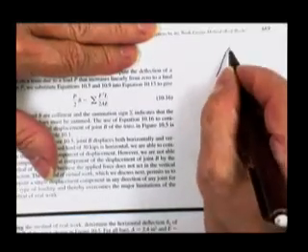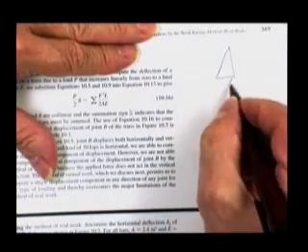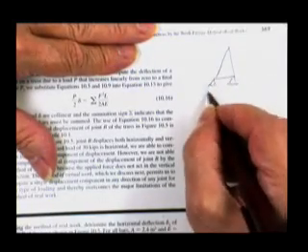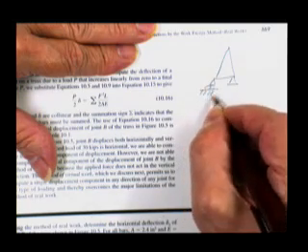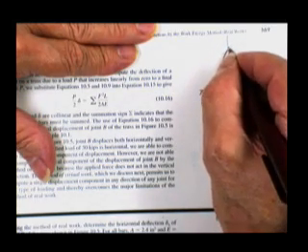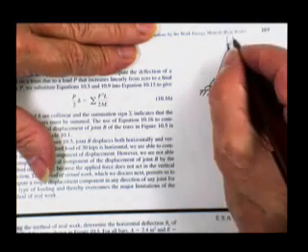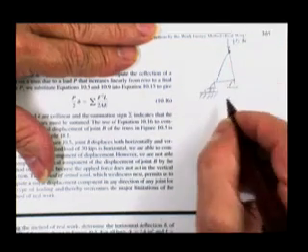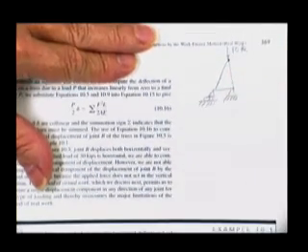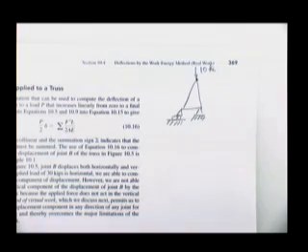If, for example, you had the same structure and you wanted to know the vertical deflection of that point, and if the real load on the structure were 10 kips, then you would do the same thing.